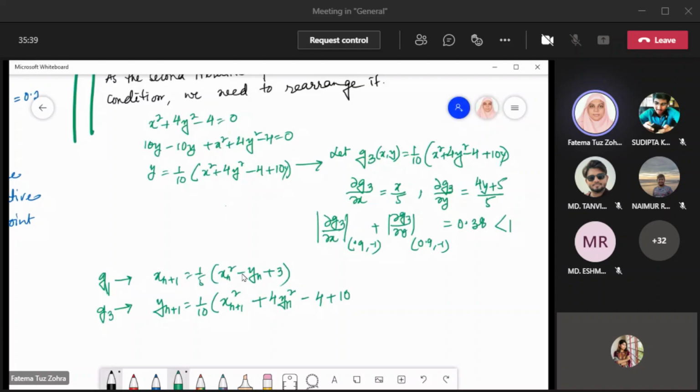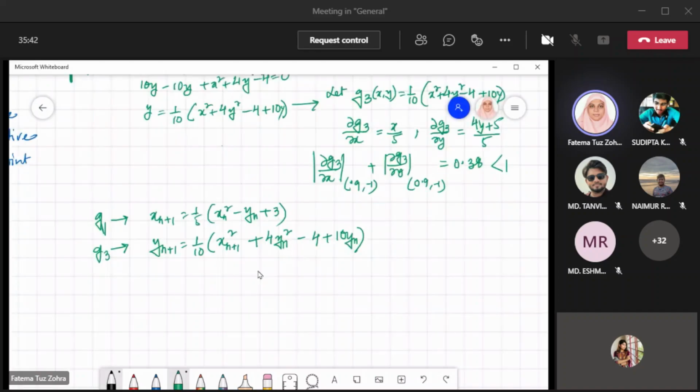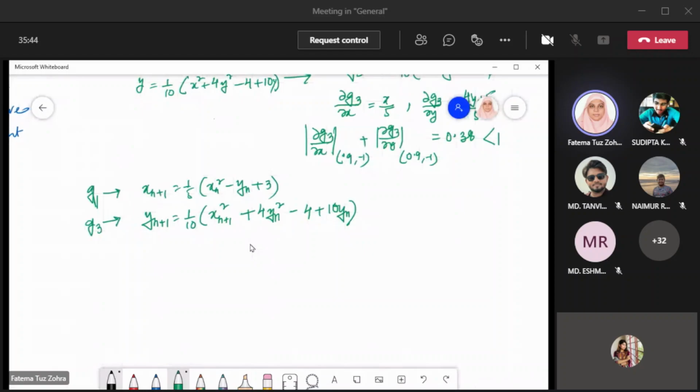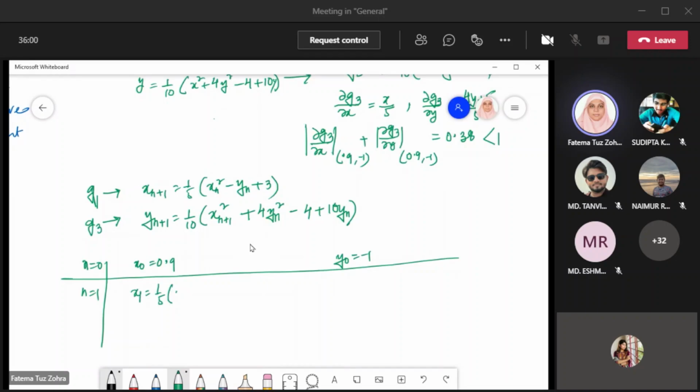So go ahead. This time n equals 0, x naught is equal to 0.9, y naught is equal to minus 1. So n equals 1, x1 should be equal to 1 by 5 of 0.9 whole square minus 1 plus 3. Do it and give me the result.